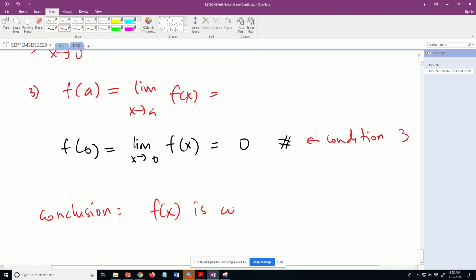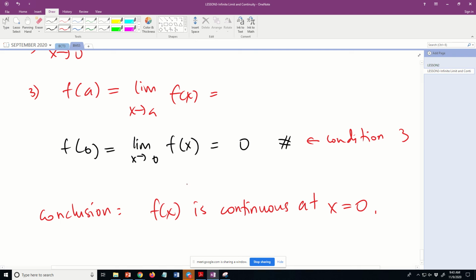Yes, correct, is continuous. Fx is continuous and x equal to 0. Yeah, correct. And x equals to 0. And yes. Okay. Betul?